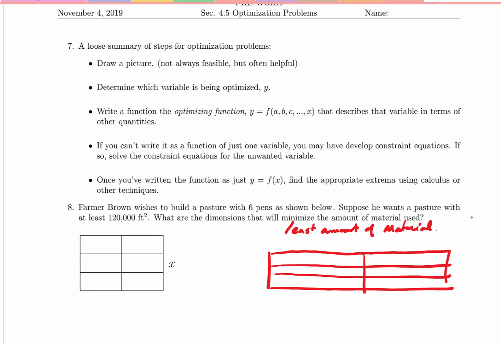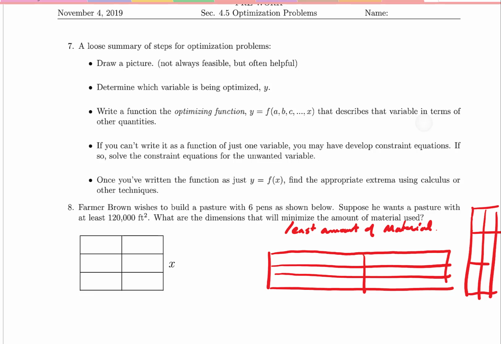Or maybe you could make a tall, skinny one, something like this. I won't make it to scale, but maybe something that looks like that. Okay. So there's a bunch of different layouts, and they would all have different dimensions in terms of X and Y. And notice they would also use different amounts of fencing. So with all these different layouts, we're asking the question, which of these will use the least amount of material?